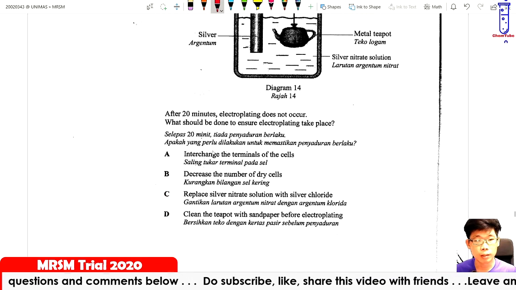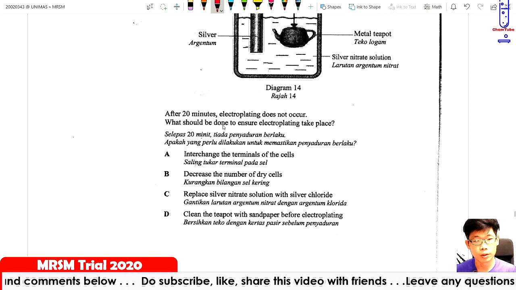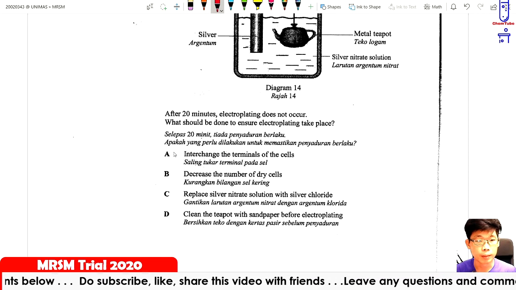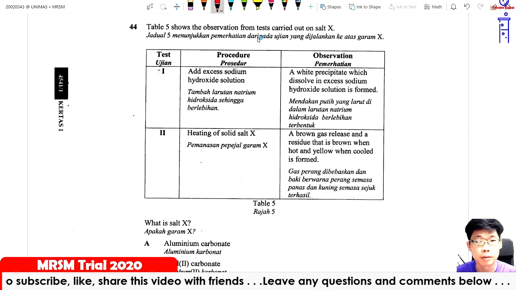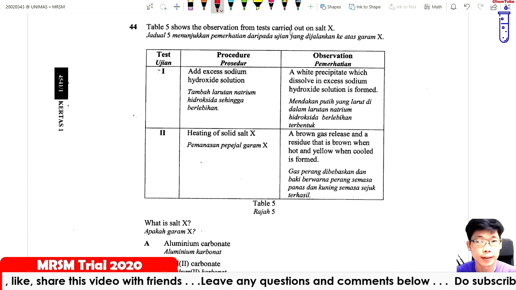After 20 minutes, electroplating does not occur. So what should be done? Just interchange the terminals of the cell.